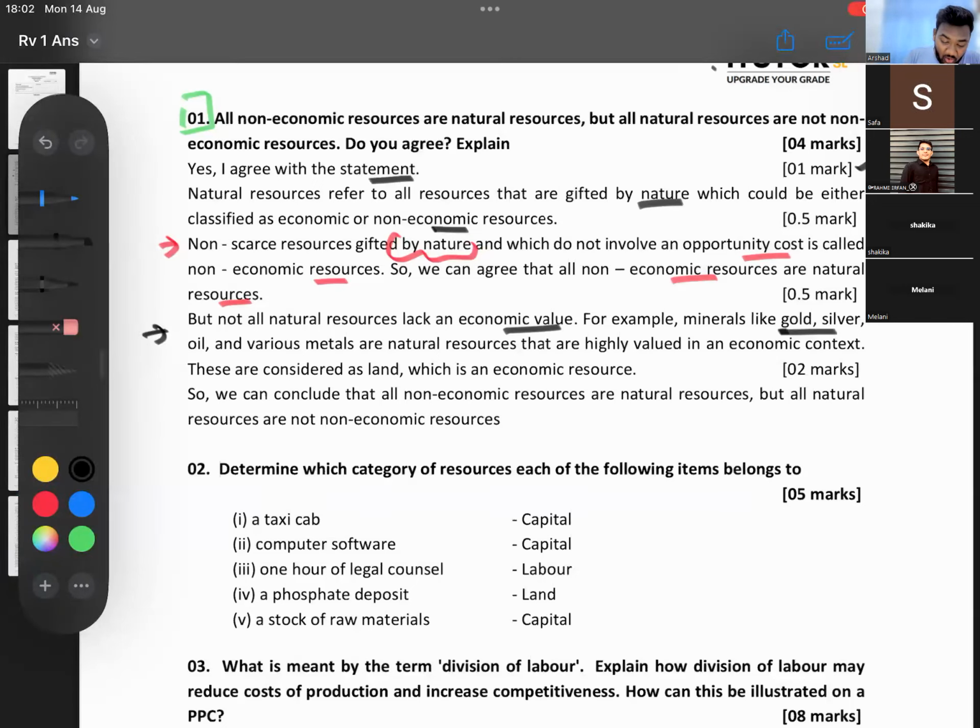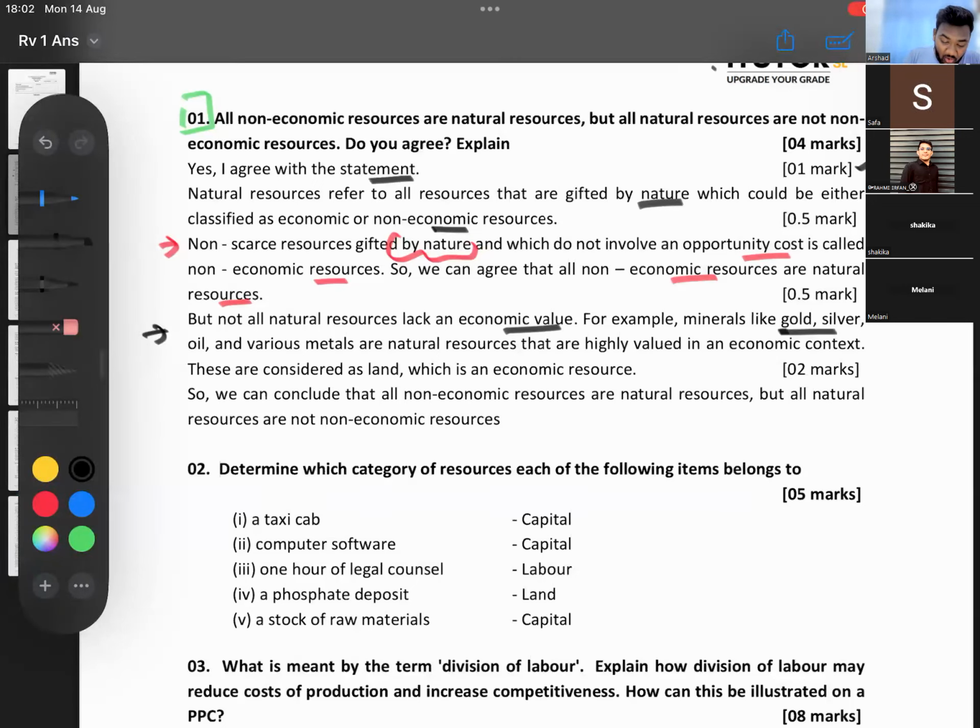Now this part also, can you all tell me what could happen to the PPC, guys? Now PPC is a big topic in the 4th paper. But what do you all think? When there is division of labor and specialization, what do you think will happen to the PPC? This is there under productivity. What do you think happens? What happens to the PPC?